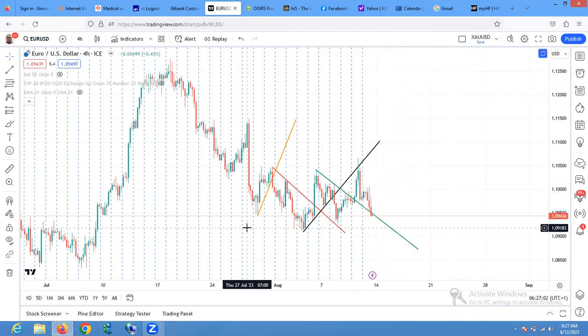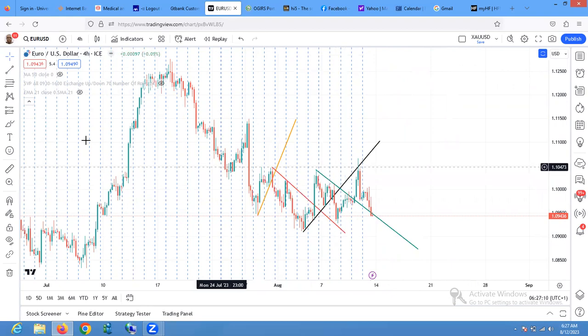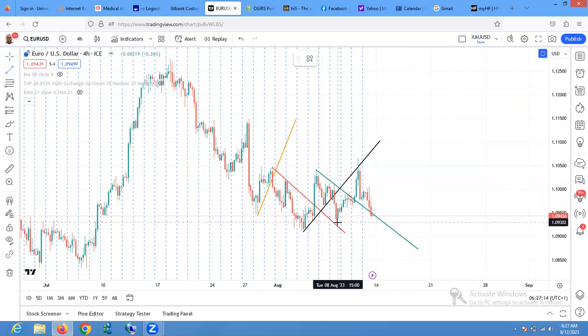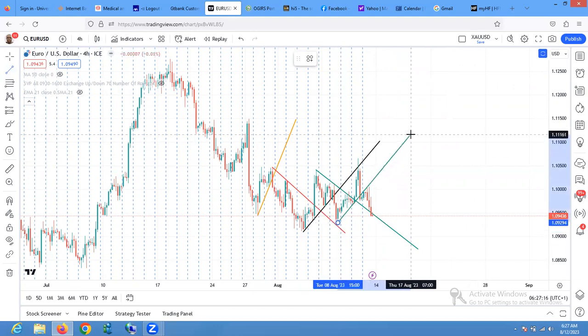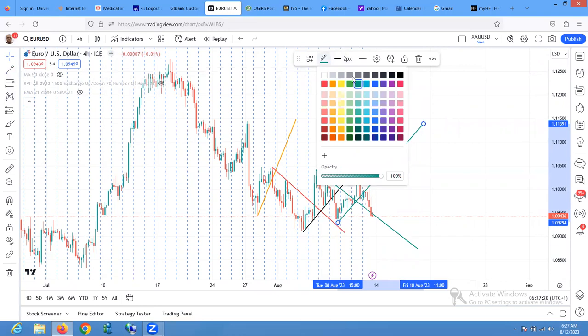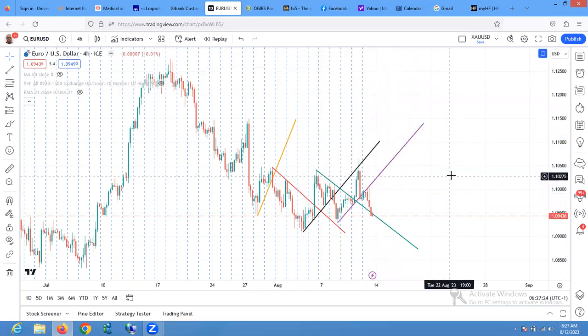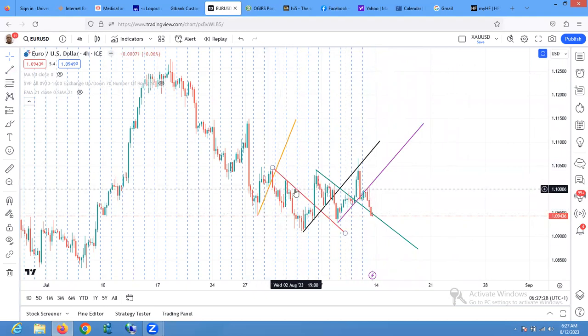So we are seeing those different moves. This is one move, this is another move, this one is another move, and this is another move. So we have a break of this trend line, and this is another break. So we can see that we have another break. 1, 2, 3, 4, 5.